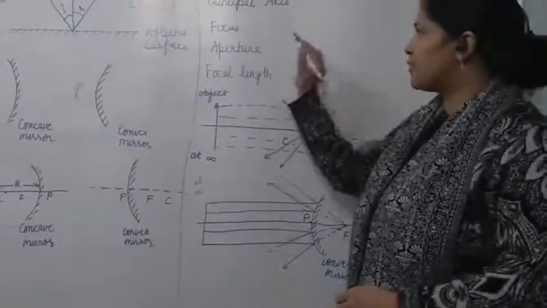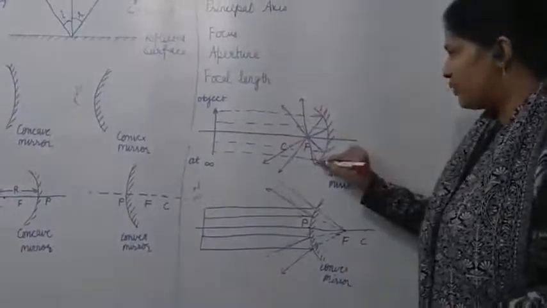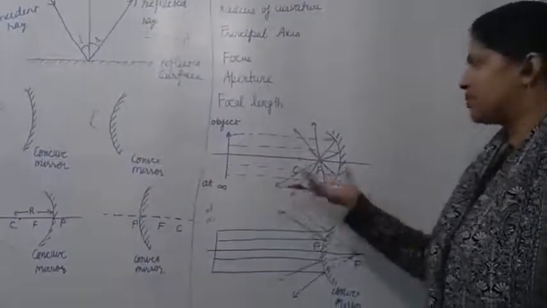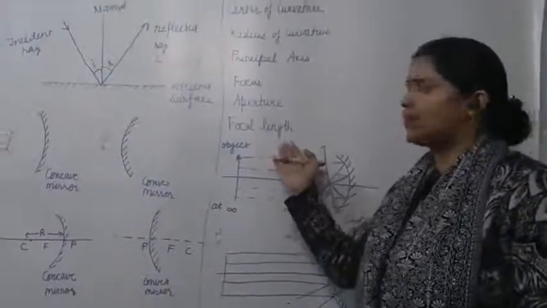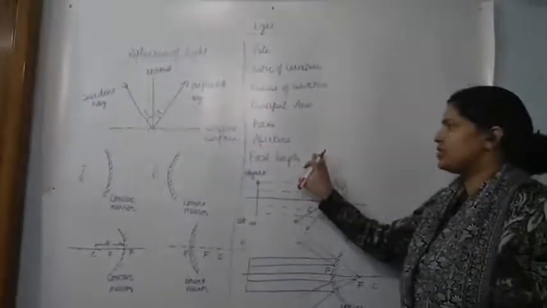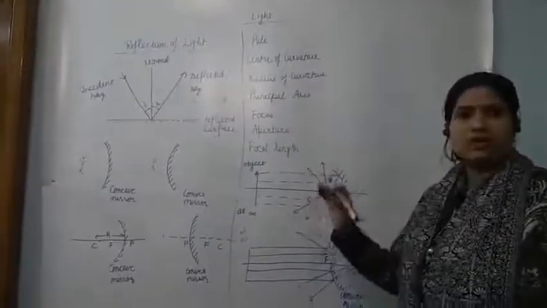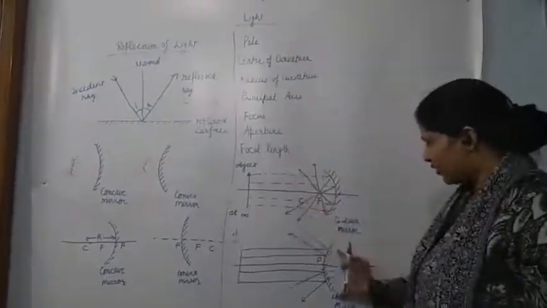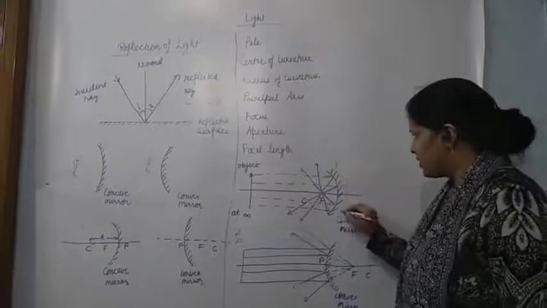Now, what is aperture? Aperture is the size of the mirror we use for our measurements. What is focal length? For small apertures, where the radius of curvature is far greater than the aperture, this is the mirror size.